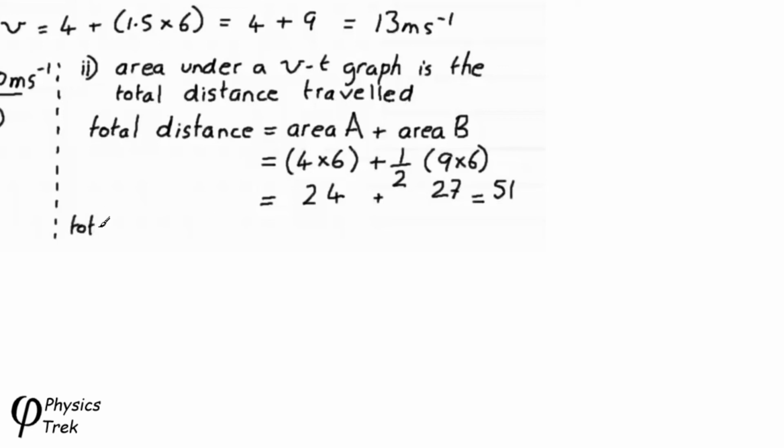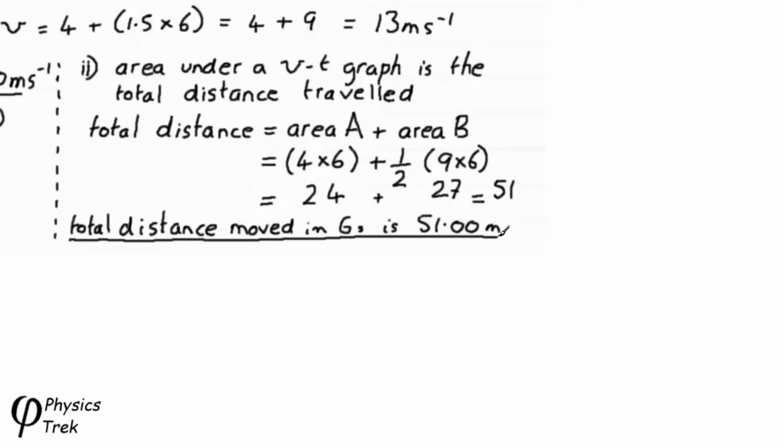So our answer is total distance moved in 6 seconds is 51.00 meters to 2 decimal places.